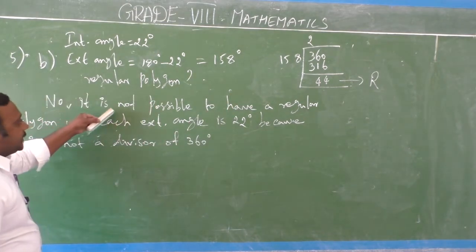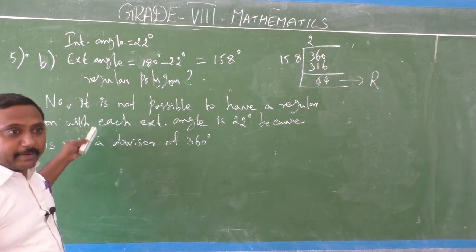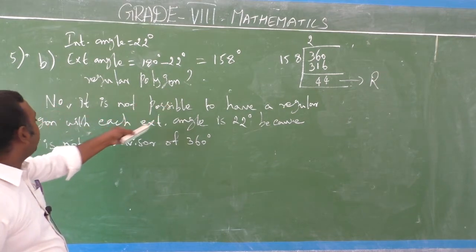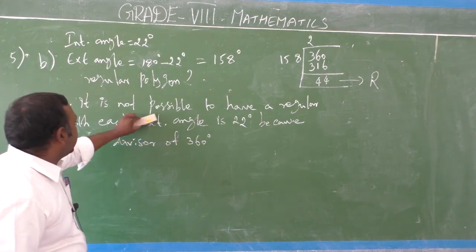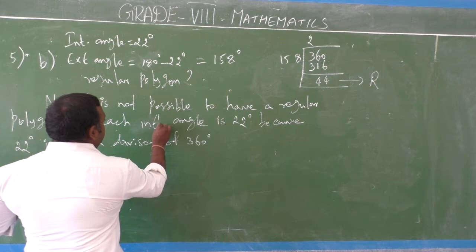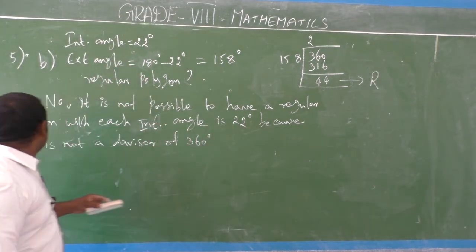So no, it is not possible to have a regular polygon. The same answer as the A sum: it is not possible to have a regular polygon with each interior angle 22 degrees.